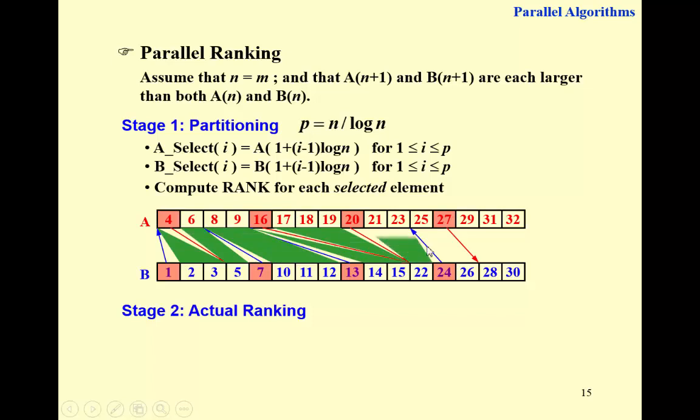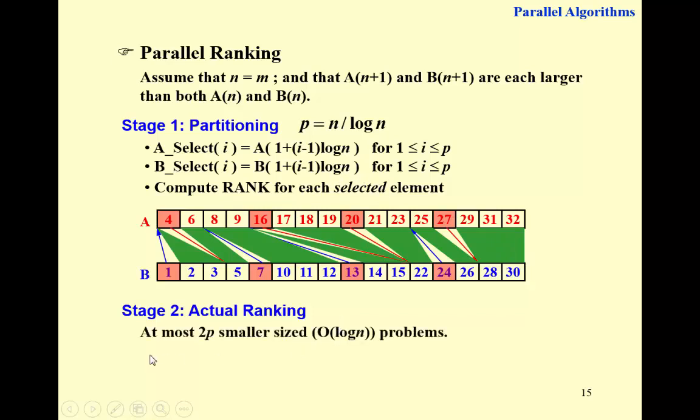Okay, and these are the smaller sized sub-problems. So how many sub-problems we may have? In the worst case, 2p, right? And the size of each sub-problem must be no more than what? Log n, right? So here we're going to have at most 2p smaller sized problems, and the size is no more than log n.